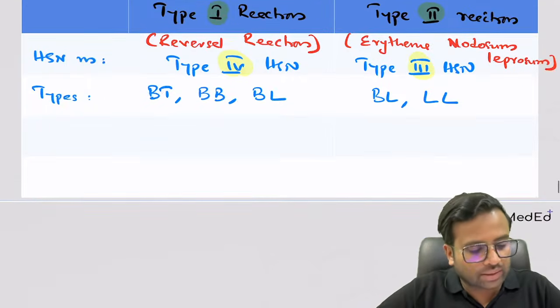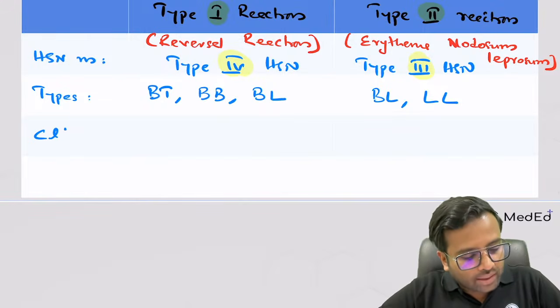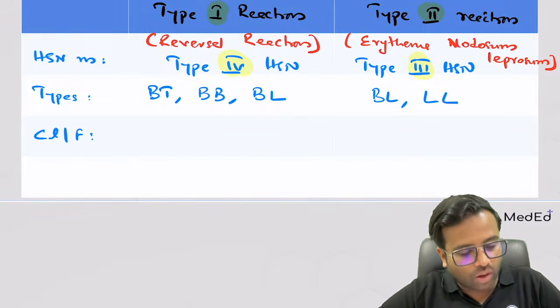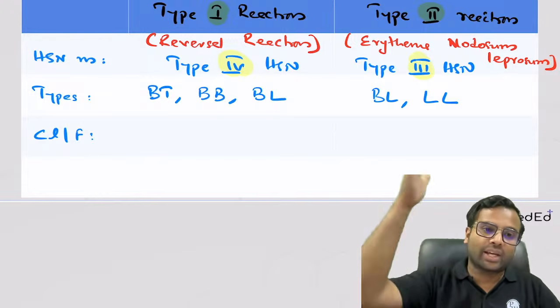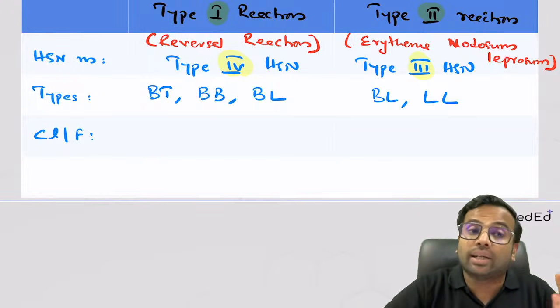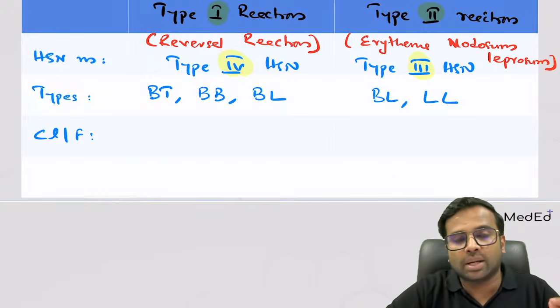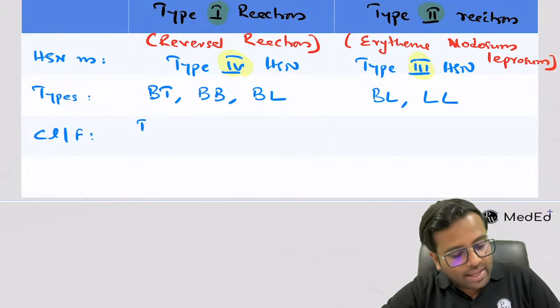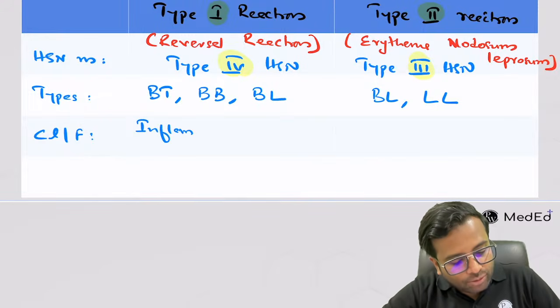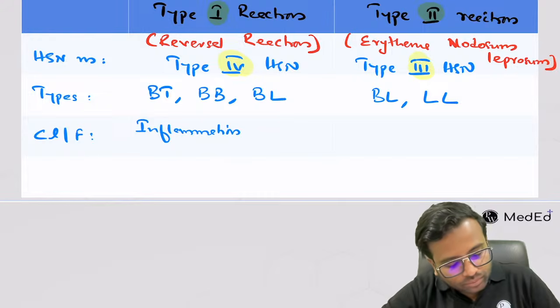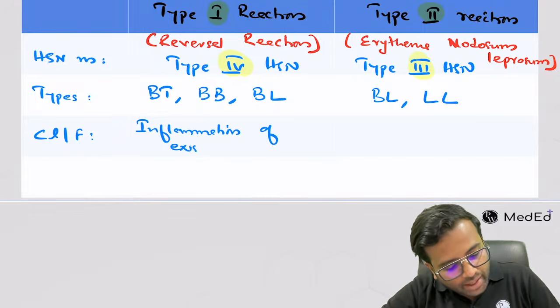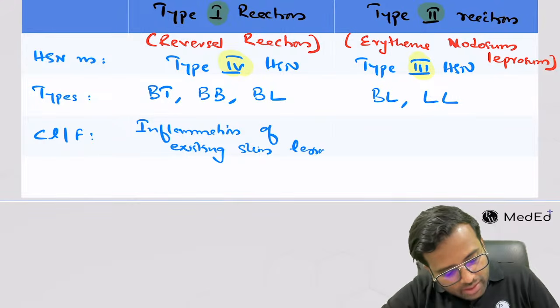Now, the next one is, what are the clinical features of a type 1 reaction or a type 2 reaction? Type 1 lepra reaction presents with inflammation of the existing skin lesions.